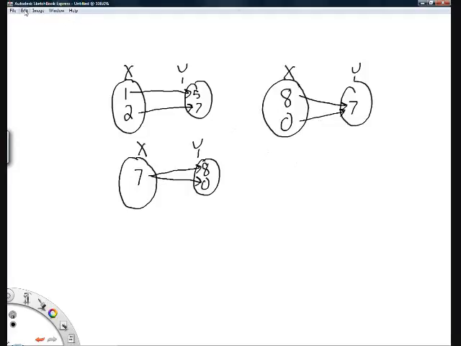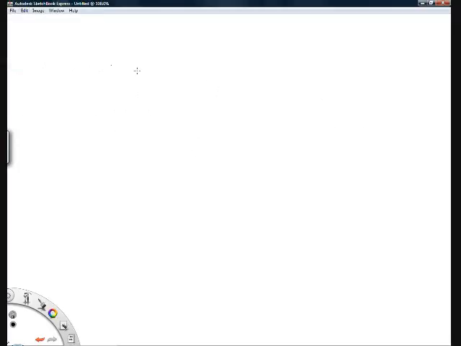I make mention that you could also look at a graph. So if here is my xy plane here, the vertical line test can be used here.